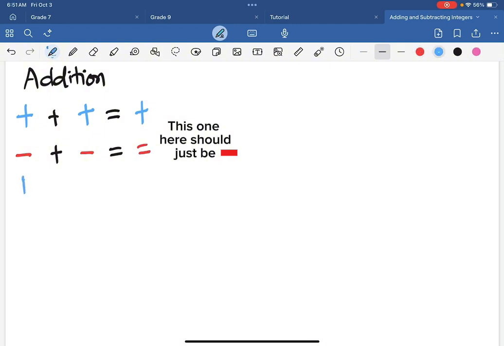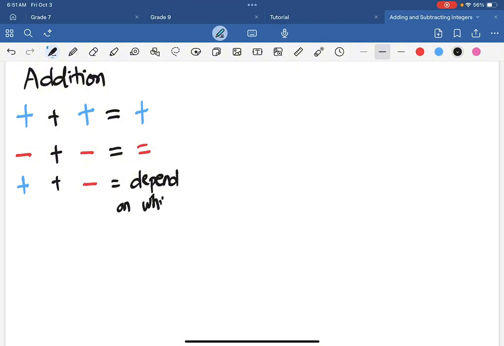However, if you add a positive number and a negative number, the result would depend on which number is bigger. Now let's try to illustrate what I mean.